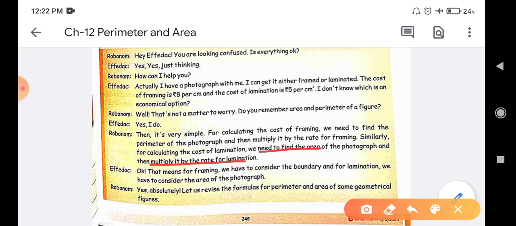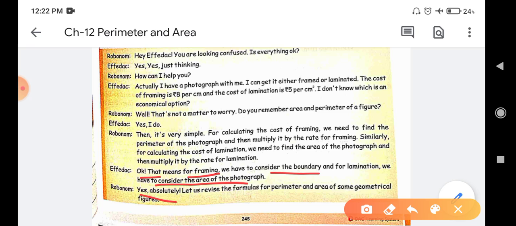In this way you can compare the cost of framing and lamination, and find which one is economical. Then Aphideck says, okay, that means for framing we have to consider the boundary, and for lamination we have to consider the area of the photograph.